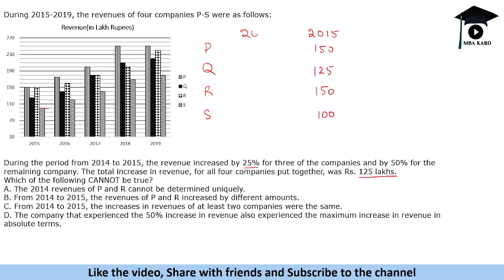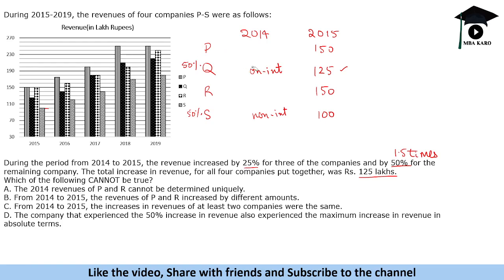So for 2014 we will have to backtrack this. An increase by 50% means 1.5 times. Now some basic sense will come in handy here, because if we take 1.5 times with Q, it will be non-integer. If we take 50% with S, it will be non-integer. So it is very likely that the 50% increase is for P or R.